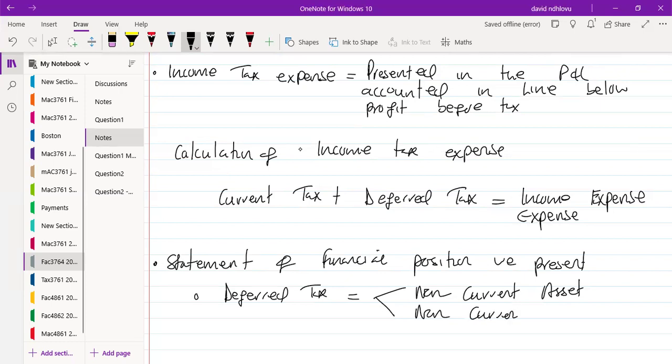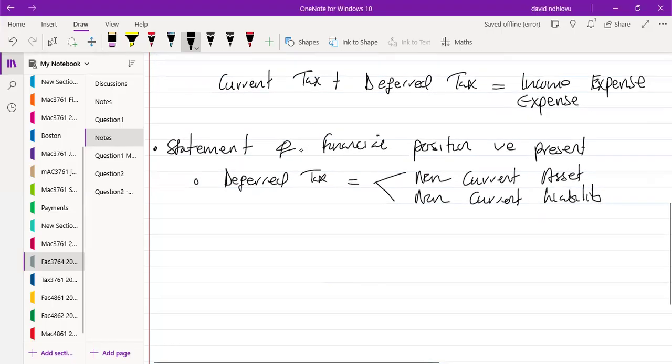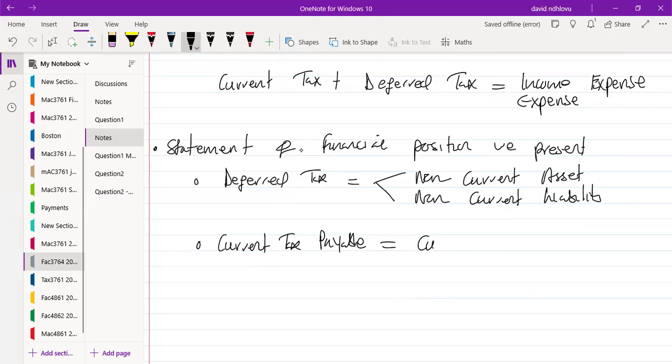So it will go in one of those spaces. Then we also said in the statement of financial position, you also deal with the current tax payable, if it's at the end of the year, and this goes to the current liabilities.